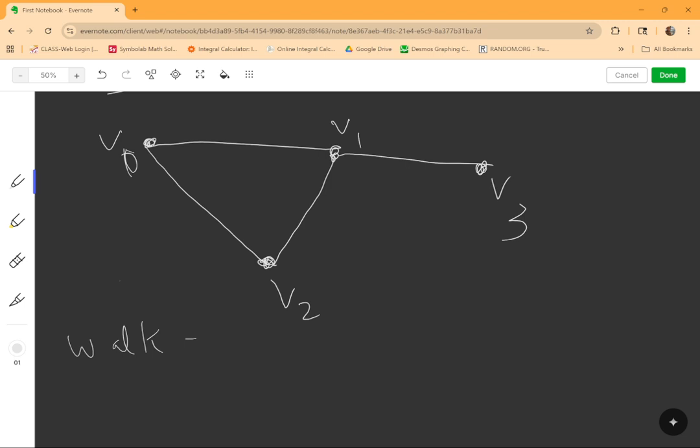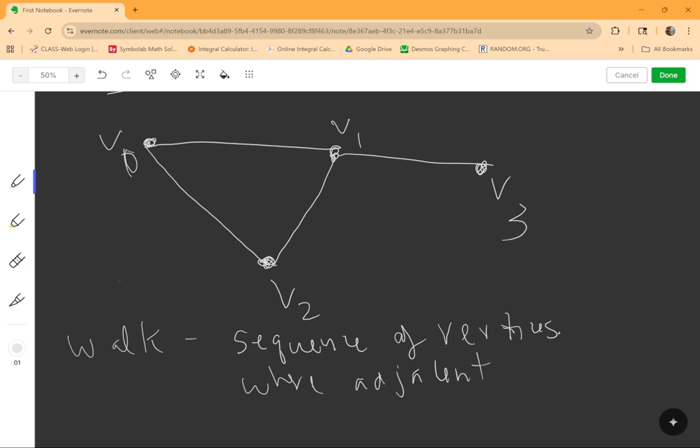We can think of a walk as a sequence of vertices where adjacent vertices in our sequence are adjacent in the graph.